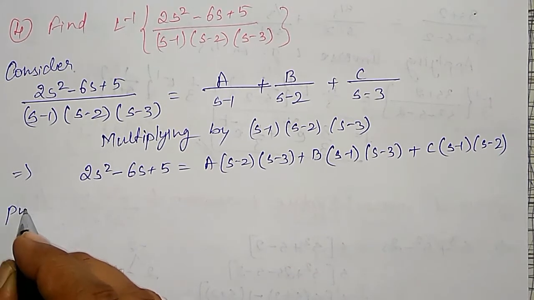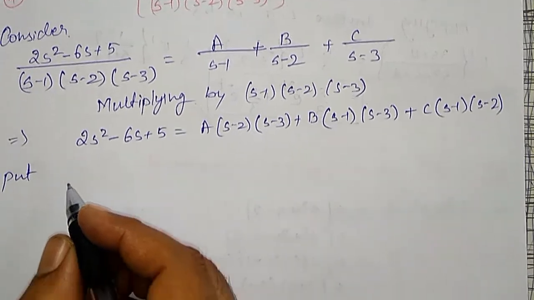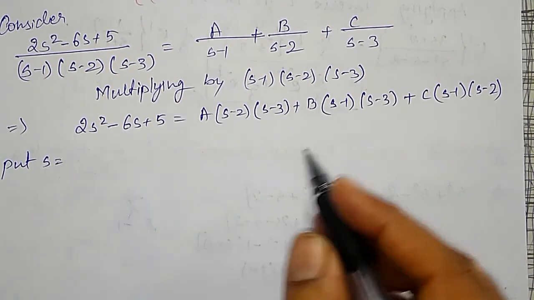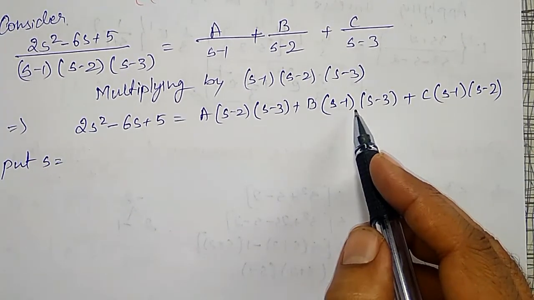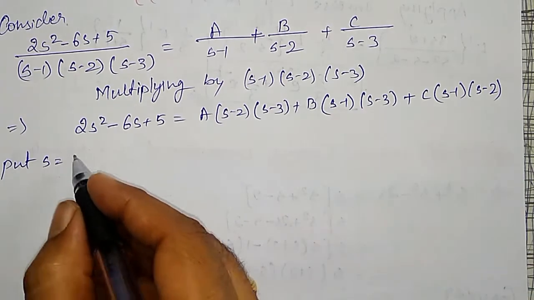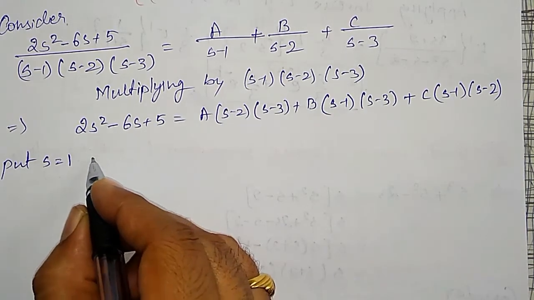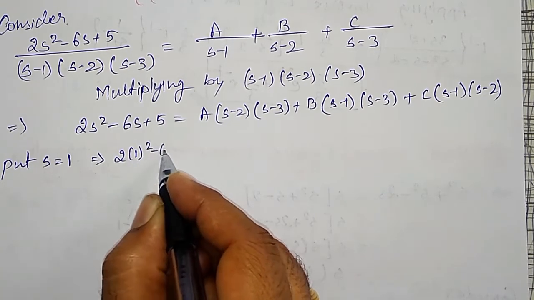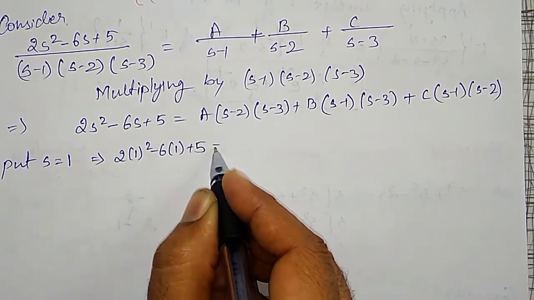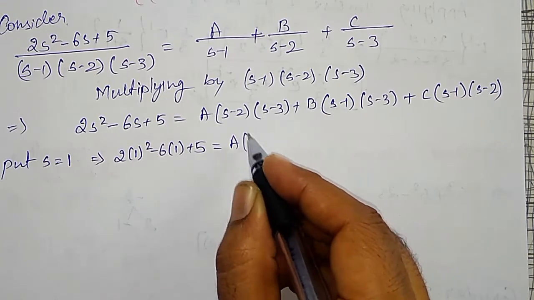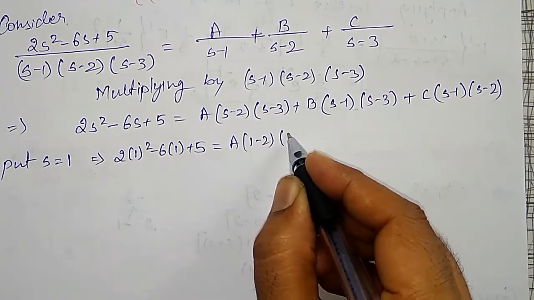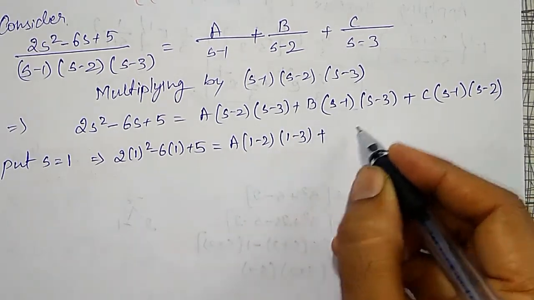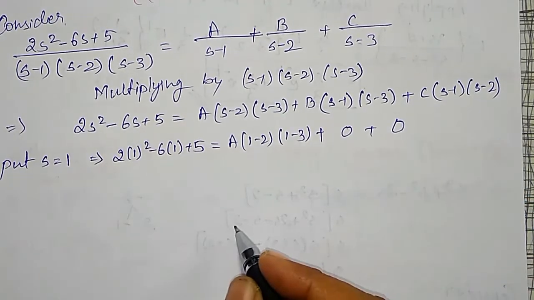Then let me put values to find out A, B, C. For the second two terms, s − 1 is common. Therefore, let me put s equal to 1, which implies 2 into 1 squared minus 6 into 1 plus 5 equals A into (1 − 2)(1 − 3), plus these two terms which are 0.